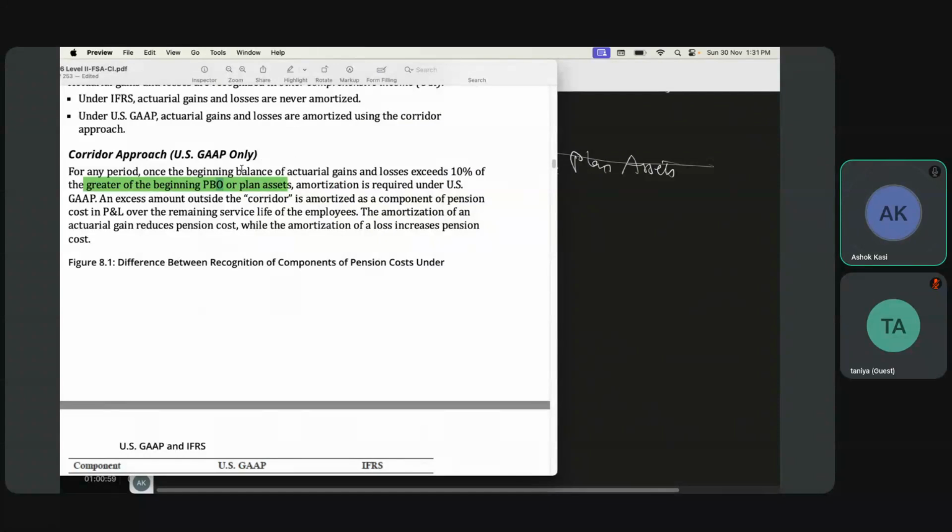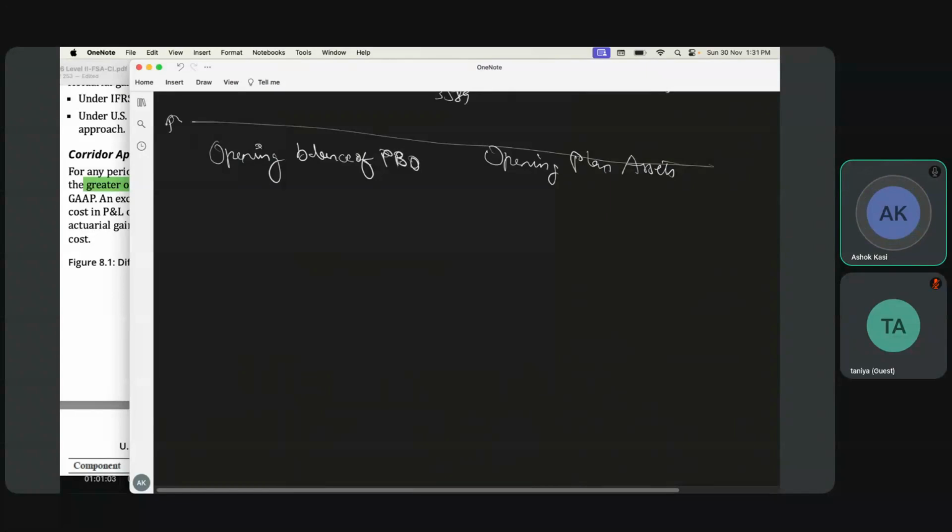Opening balance of actuarial gains or losses exceeding 10 percent.